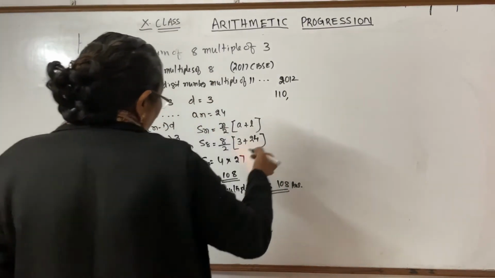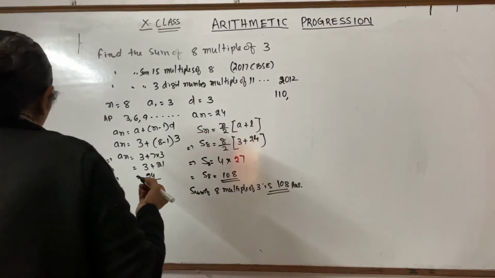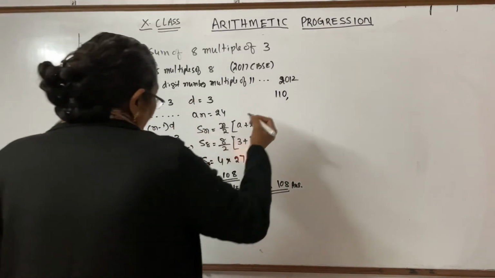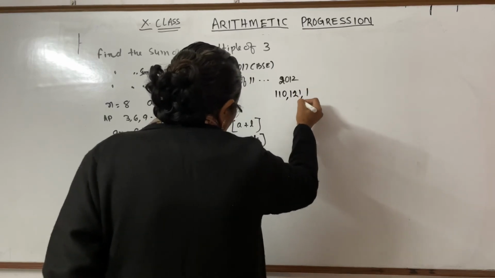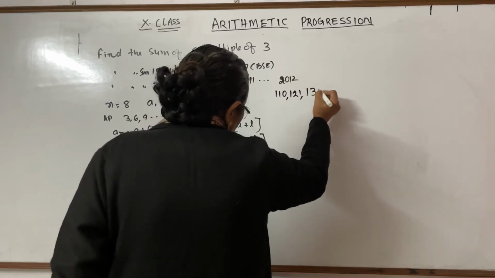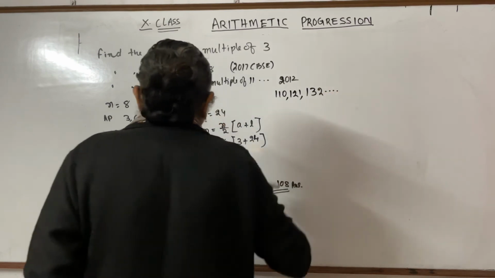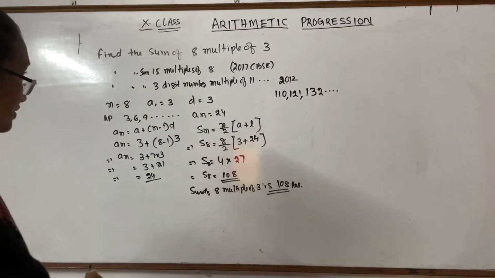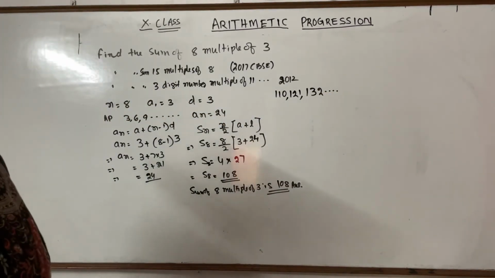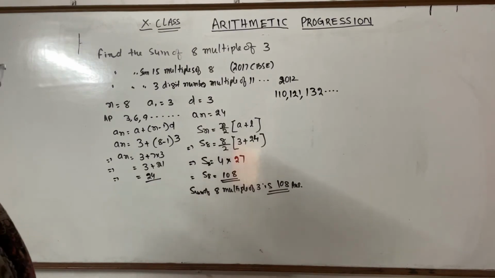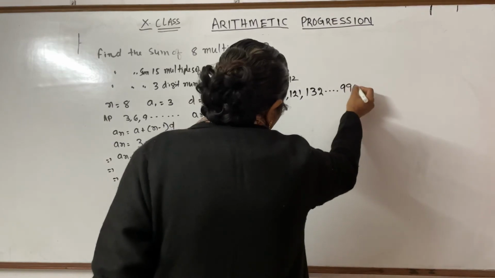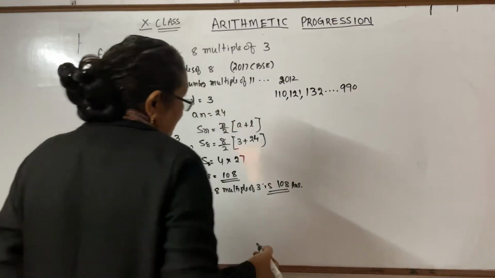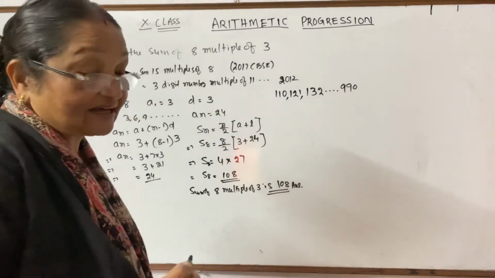Then next one will become 110 plus 11, that is 121. Next will become 132, you add 11. This way. But the last term, how will you do it? 999, you divide that way. So that will come 990. 11 9s are 99, so 11 90s are 990.